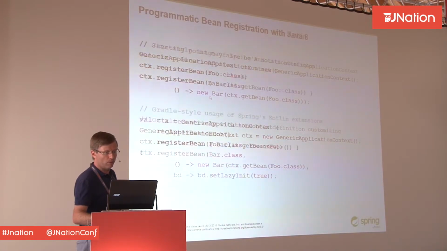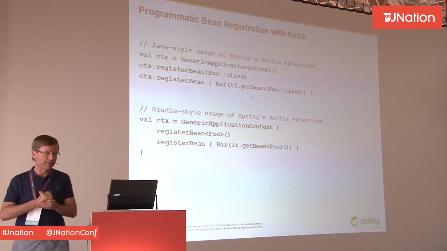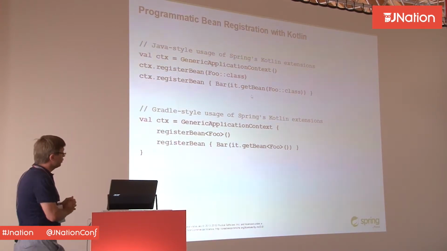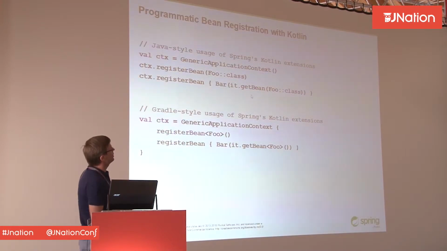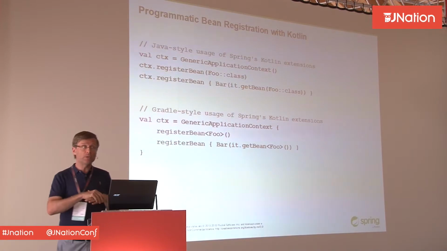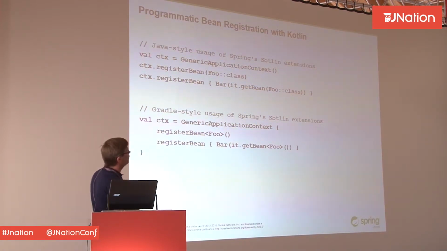And here all we have is kind of this Kotlin function that creates a bar instance. That's exactly why it is a Kotlin function. And our Kotlin extensions at generic application context level make use of overloads introduced through Kotlin extensions, so that register bean actually takes a Kotlin function here.